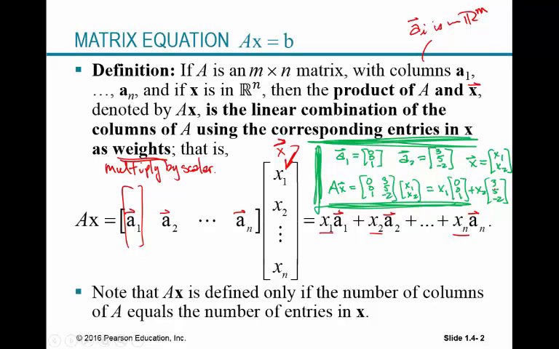Right? So that's the AX part. And then we're going to set it equal to B, and then we're going to see if we can find a solution. All right? Does that make sense?